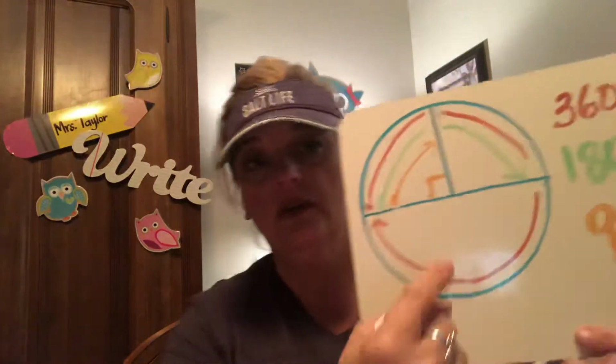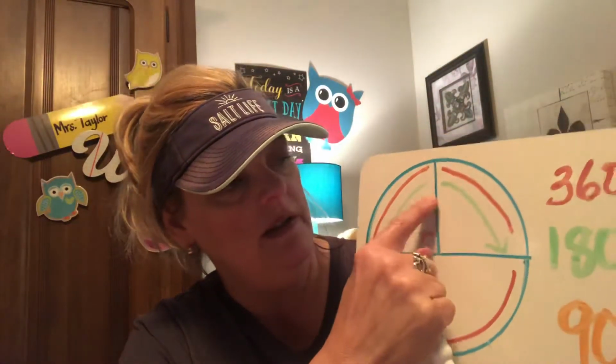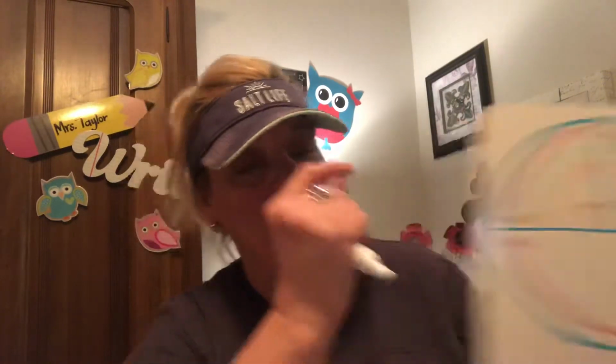All right, so Maria takes a quarter turn, remember that's, look over here, quarter turn, right here, the orange quarter turn. You go from here to here, it's only 90 degrees, okay?